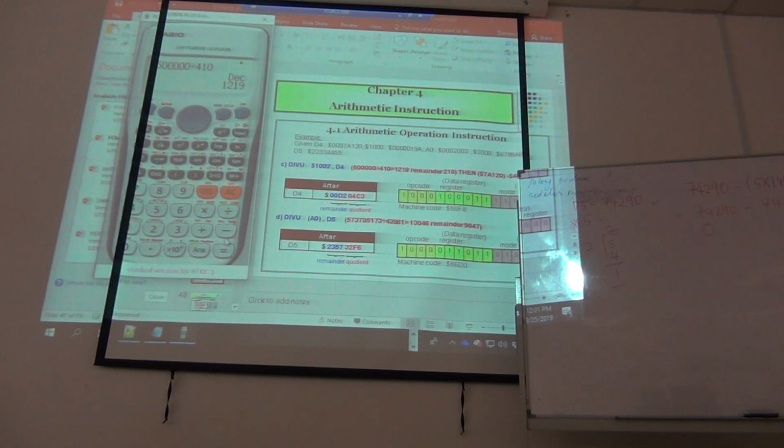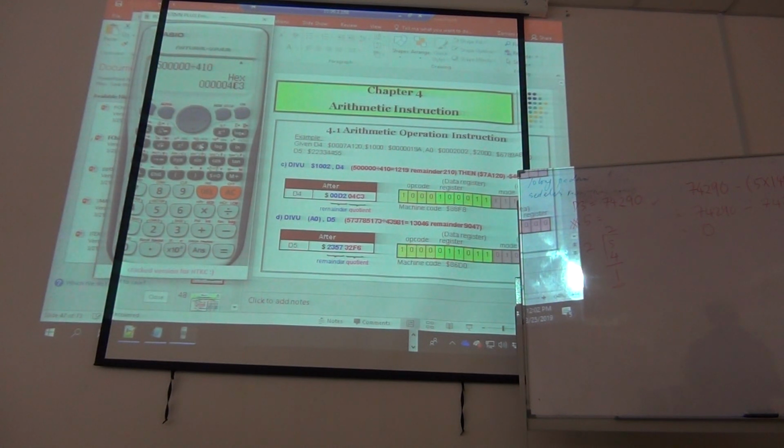So you have to convert to hexa. The answer for the first one is 04C3. This is the answer to the question.